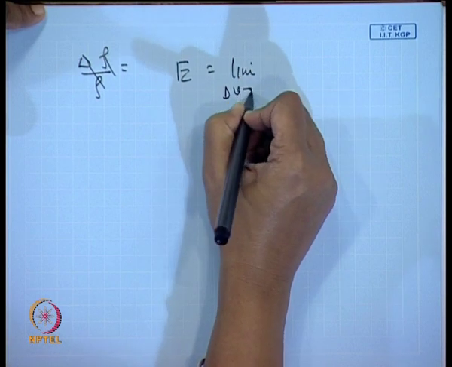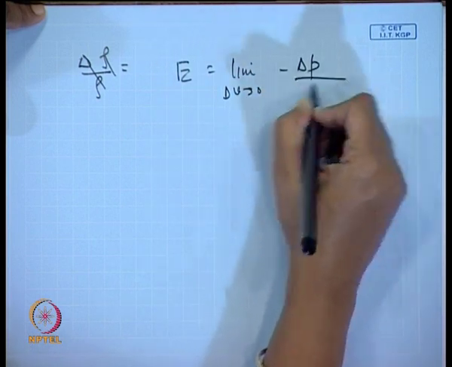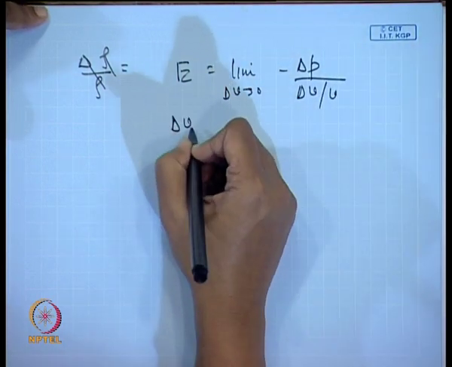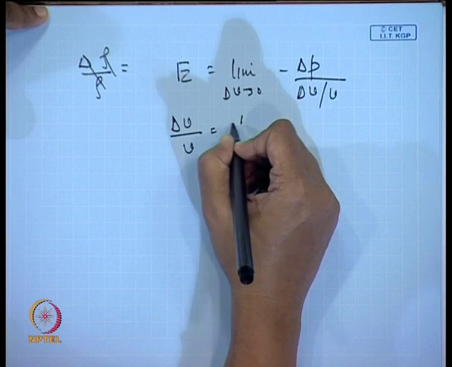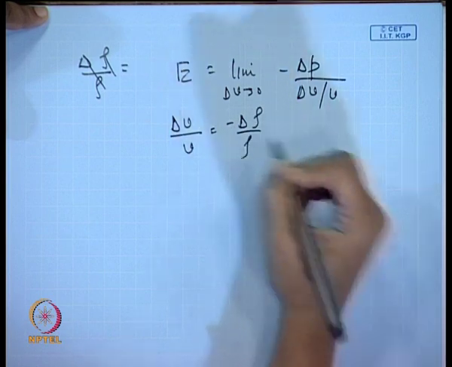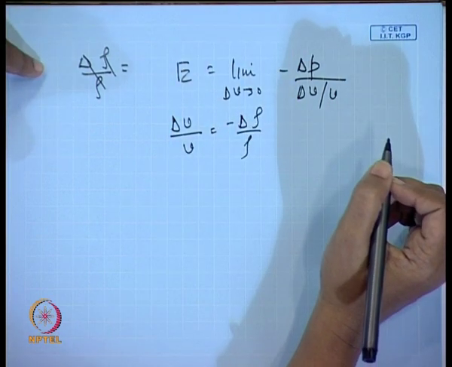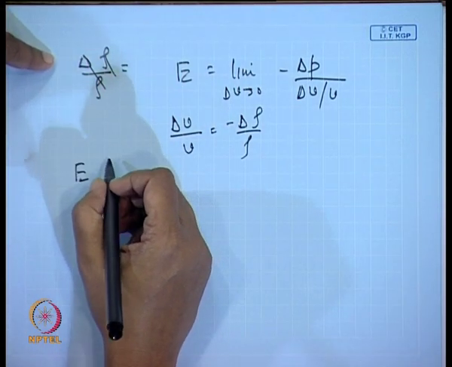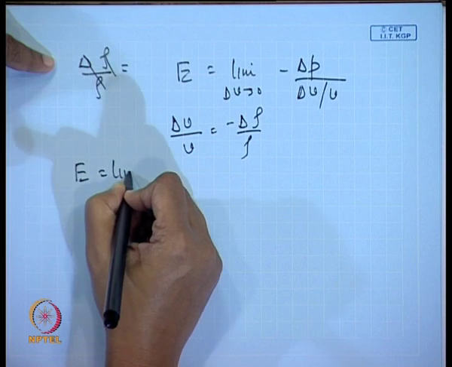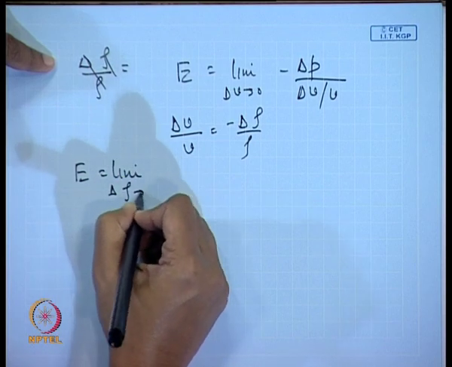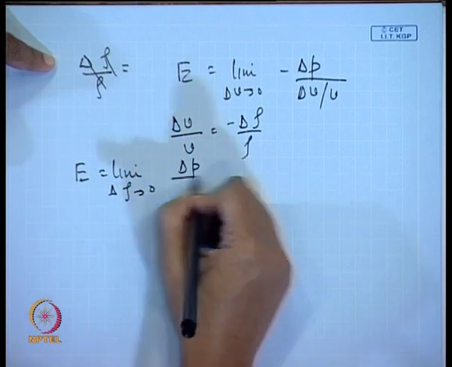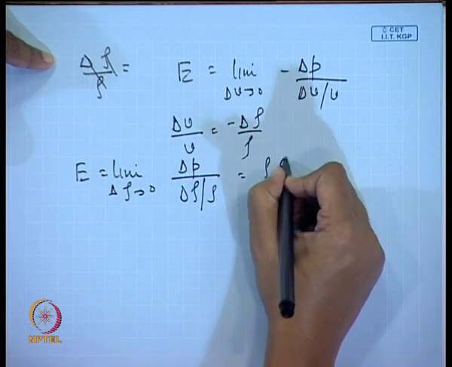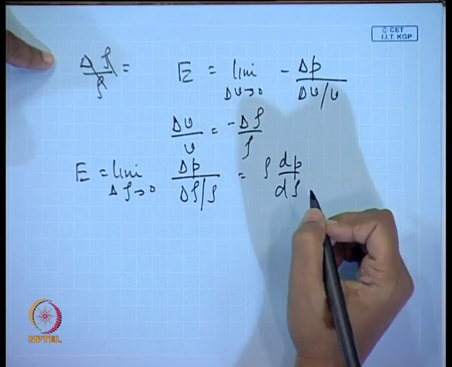It was the limit delta V tends to 0 of minus delta P by delta V by V, and just like I had written it down, this is nothing but equal to this particular term. Now if we define E in terms of density, then E will be equal to this. I had already done this. This is delta P by delta rho by rho, or it is rho dP d rho.